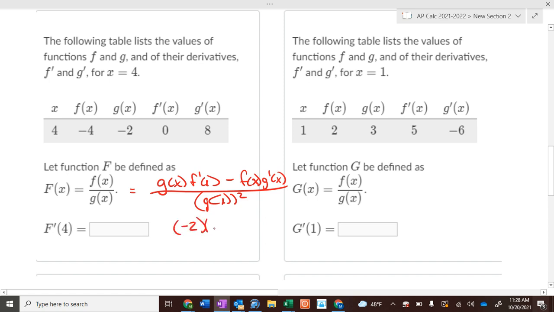Negative 2. F prime of x? 0. Minus f of x? Negative 4. G prime of x? 8. All over g of x squared. Negative 2 squared. So that's 0. Minus a negative 32 is a positive 32 over 4 gives me 8. You can do that, right?